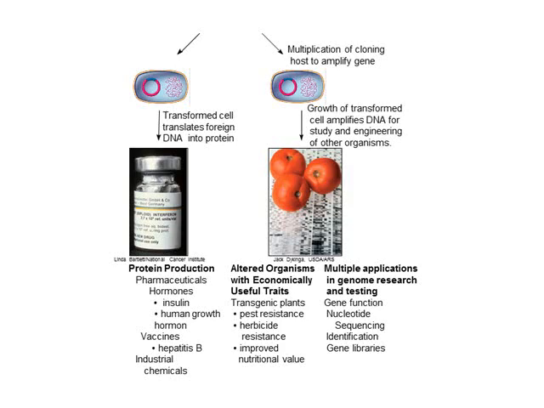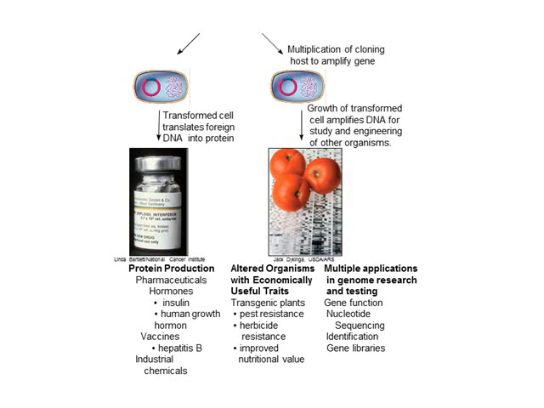For example, on the left-hand side, we can have that bacteria cell produce a protein product. This is a lot of pharmaceuticals, hormones like insulin, human growth hormones. These bacteria cells can produce different vaccines or industrial chemicals. So they can actually produce the molecule that we're interested in.